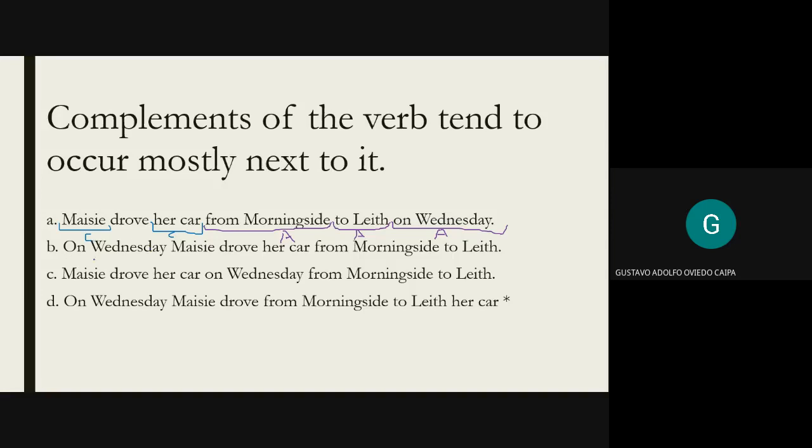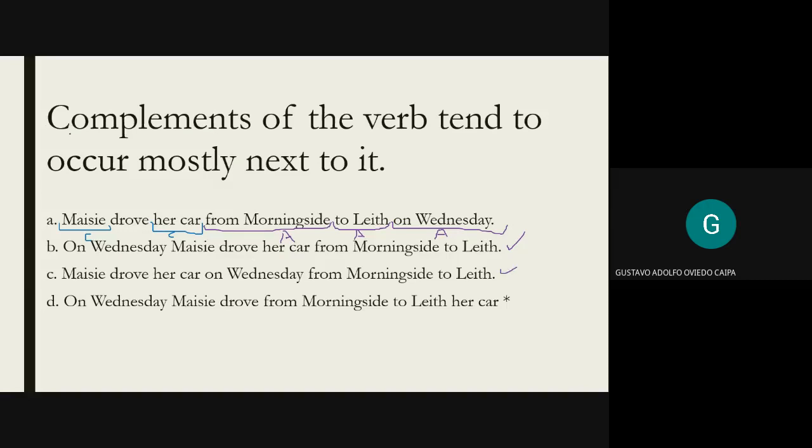As you see in the other sentences that are here, on Wednesday, Macy drove her car from Morningside to Lee, this one feels right. Macy drove her car on Wednesday from Morningside to Lee, this one also feels right.